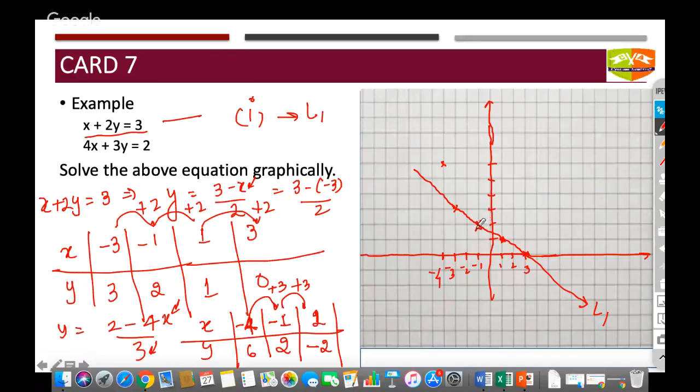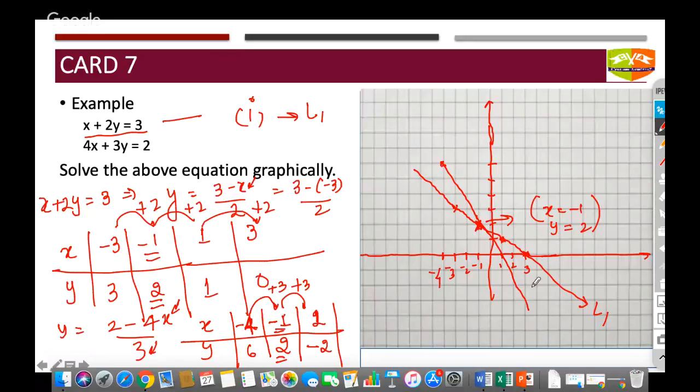So you see here, x is equal to -1 and y is equal to 2 is common to both the equations. So it means my line is passing something like this. Here the common point, the point of intersection, which is x is equal to -1 and y is equal to 2, is common to both of these lines.